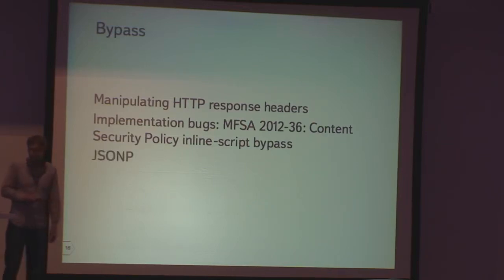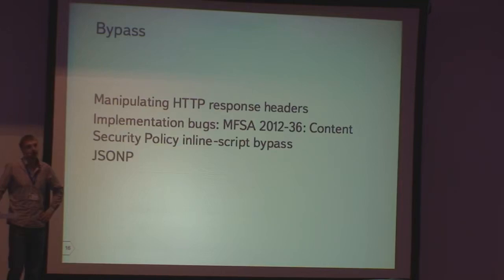JSON-P. As for me, I think that it's one of the worst formats on the internet today, because the main purpose of this format is to bypass the same-origin policy. And if we talk about content security policy, this format in some situations can help an attacker to bypass your content security policy.